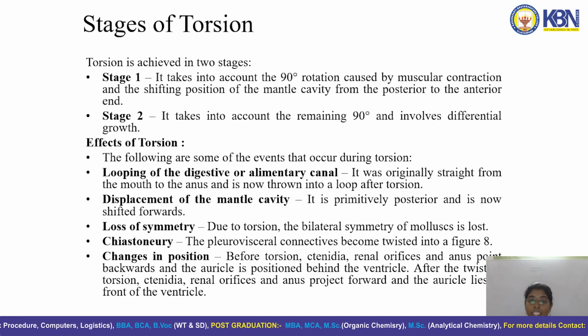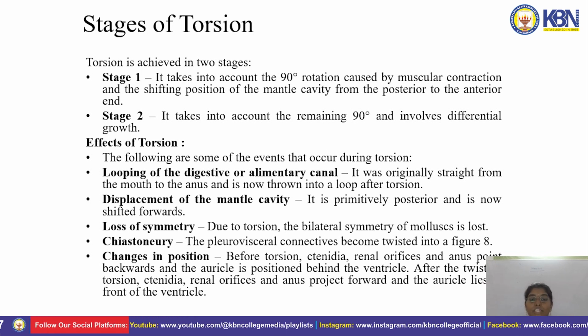In stage 1, it takes into account the 90 degrees rotation caused by muscular contraction and the shifting position of the mantle from the posterior to the anterior end. Next, in stage 2, it takes into account the remaining 90 degrees and involves differential growth.